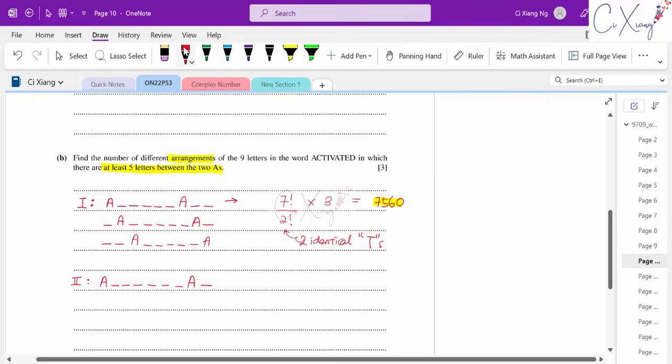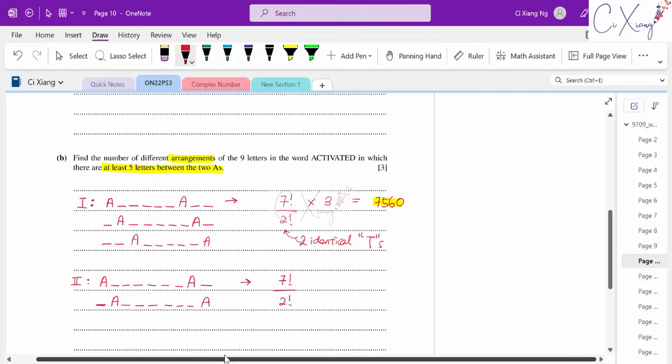Or it is also possible that we are not starting the arrangement with the A, but A is at the second position, then 1, 2, 3, 4, 5, 6, then A. So for case number 2, these are the cases where we are having 6 letters between the two A's. To calculate, we have the same idea where we want to arrange the remaining 7 letters, so 7 factorial, but from the 7 letters we are having 2 identical T's also, so divided by 2 factorial.